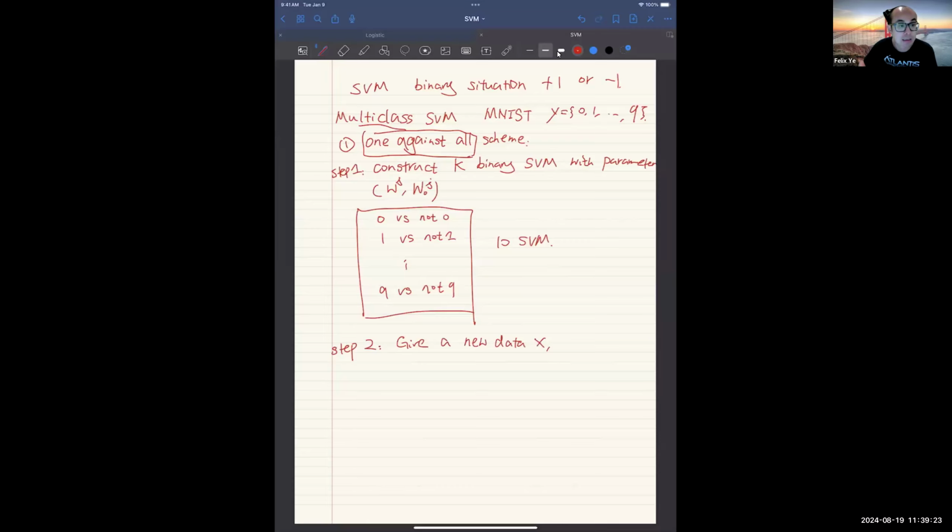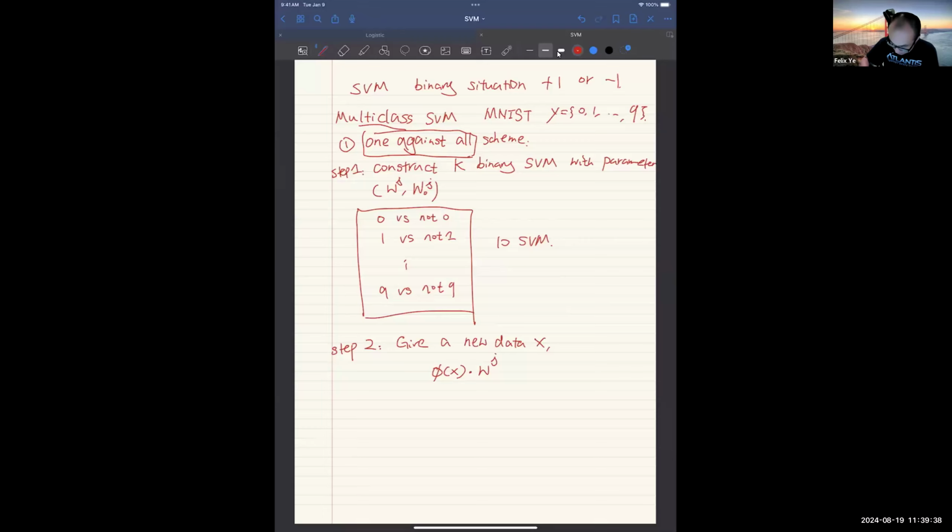Say we use the kernel version, phi x, and if you want to use linear, just assume phi x is equal to x.